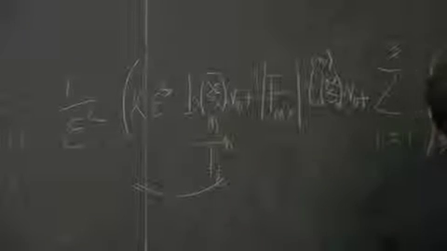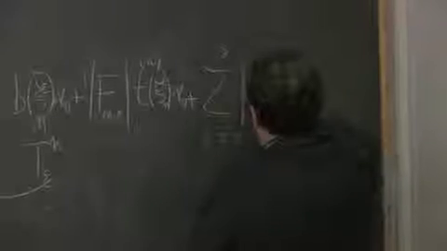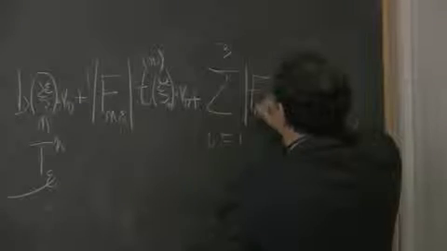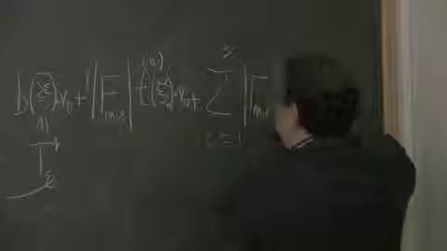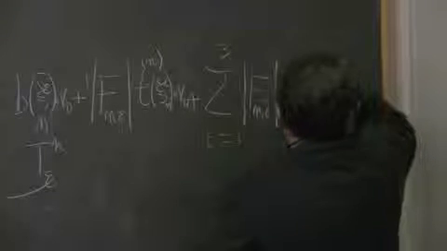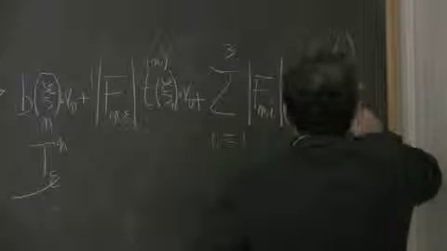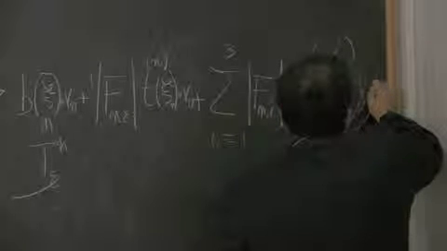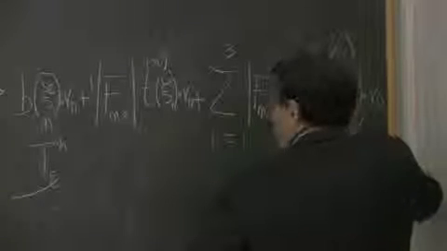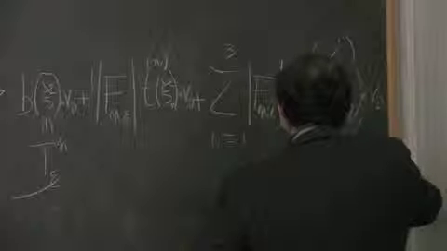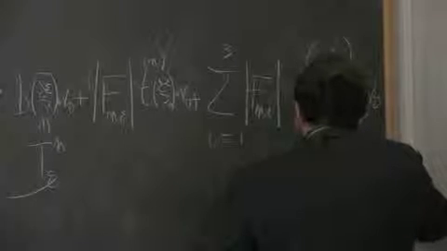And finally, you can write here the area of f n I, t minus ei in psi epsilon I dot v0, and this point belongs to the face f n I.